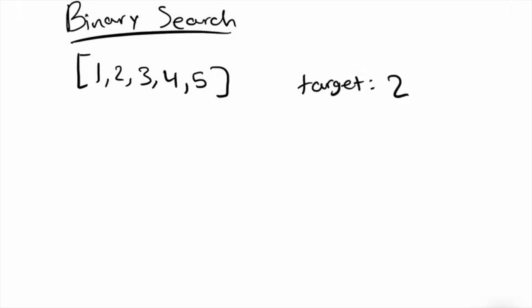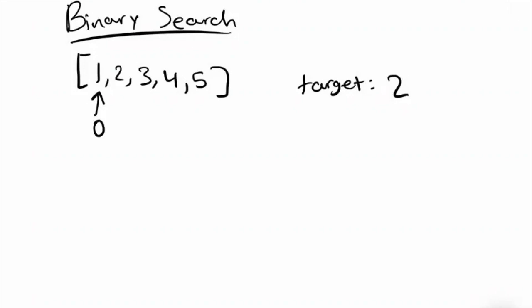And so the way binary search works is that there is a low index, midpoint, and a high index. First, our low index is going to be our first element, or the element in the 0th index. In this case, it's going to be 1. So our low index is 1, or our low index is really 0 always.